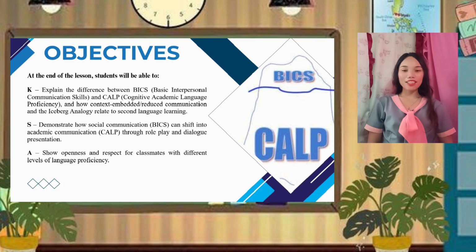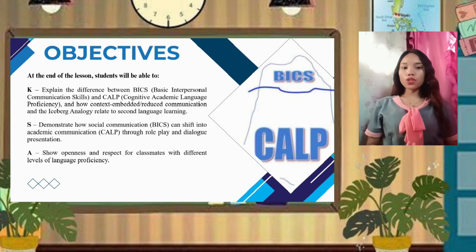So at the end of the lessons, students will be able to explain the difference between basic interpersonal communication skills and cognitive academic language proficiency, and describe how context-embedded or reduced communication and the iceberg analogy relate to the second language.